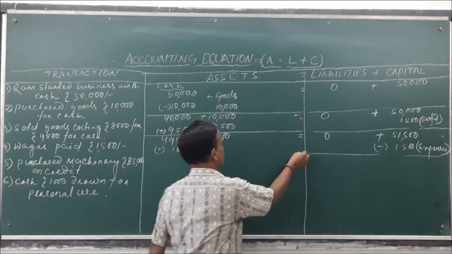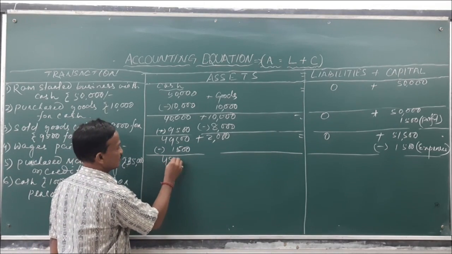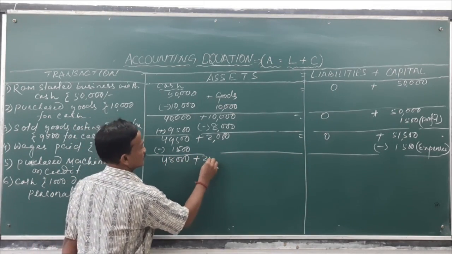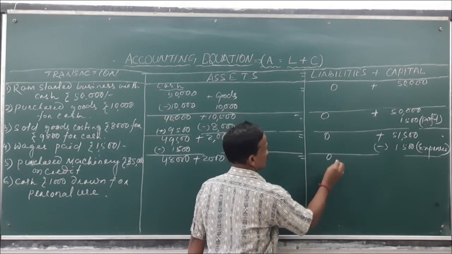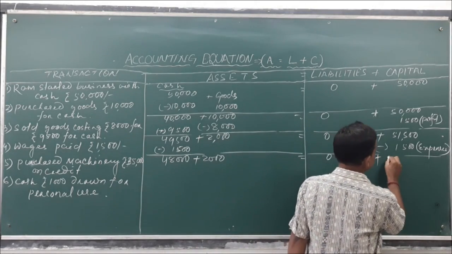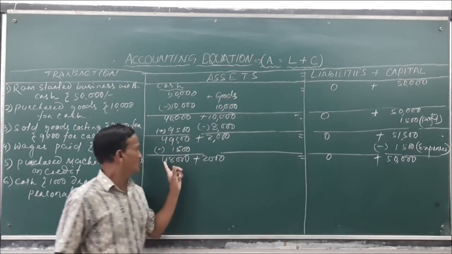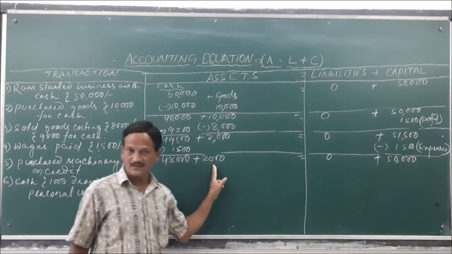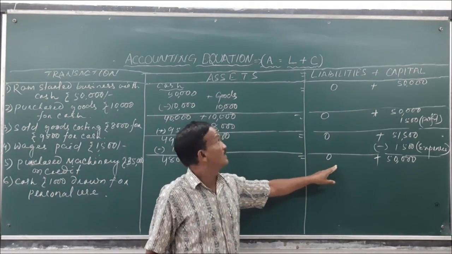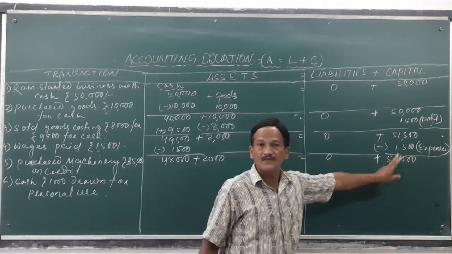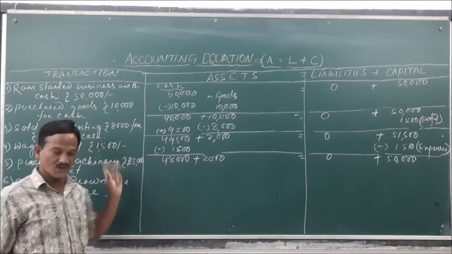After this, the accounting equation is: cash 48,000 plus goods 2,000 equals liability 0, capital 50,000. So the equation assets equals liabilities plus capital holds.